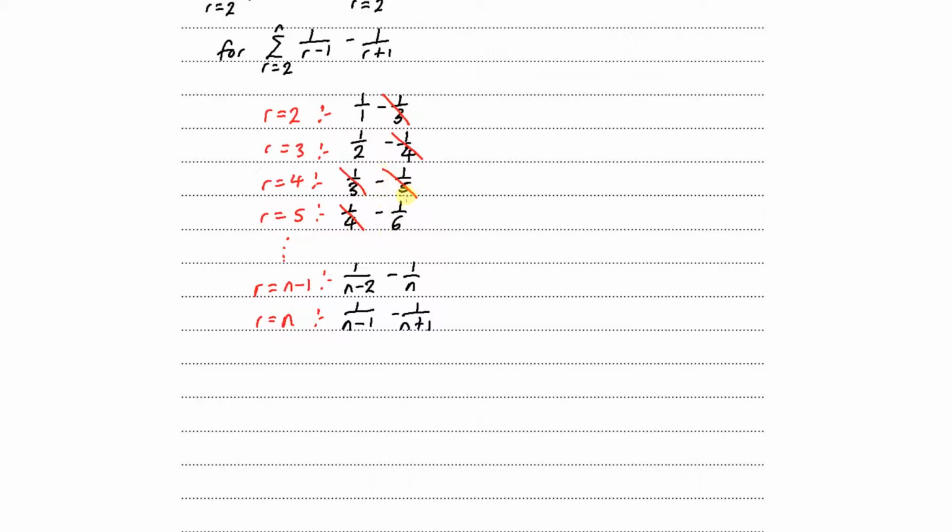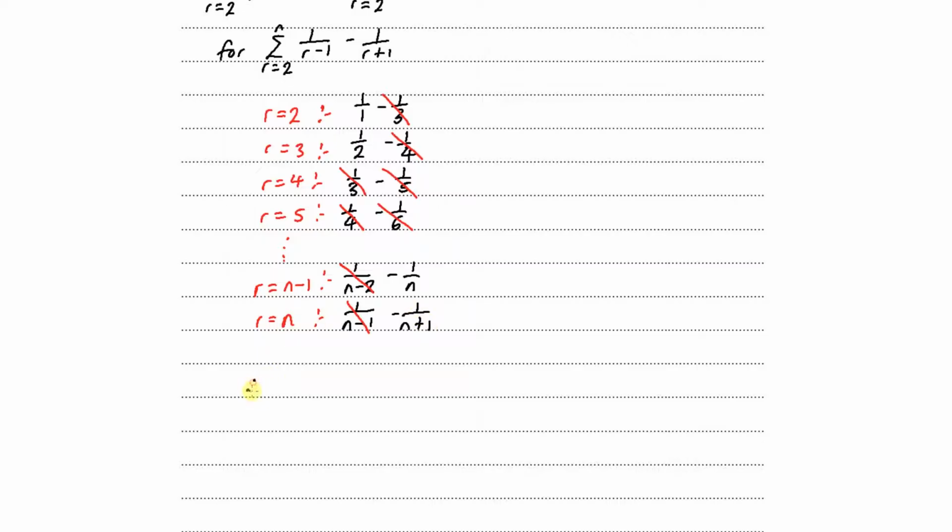So this will happen to minus a fifth and minus a sixth. This will also happen to minus 1 over 2, which will find a term somewhere along the way to add to and get them eliminated. 1 over n minus 1 will have a term somewhere around n is equal to minus 2 to eliminate it. So eventually we are left with 1 over 1, a half, minus 1 over n, and minus 1 over n plus 1.